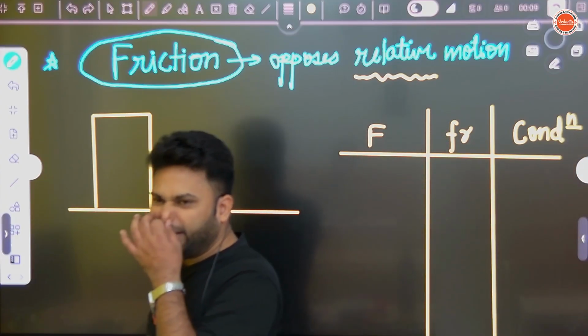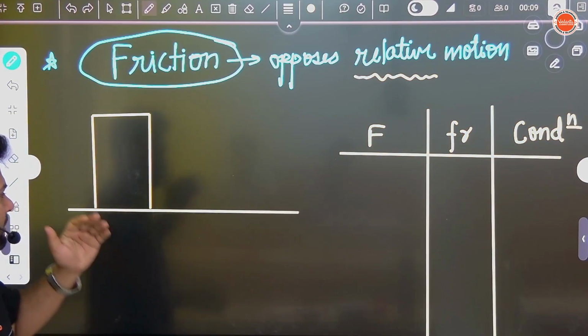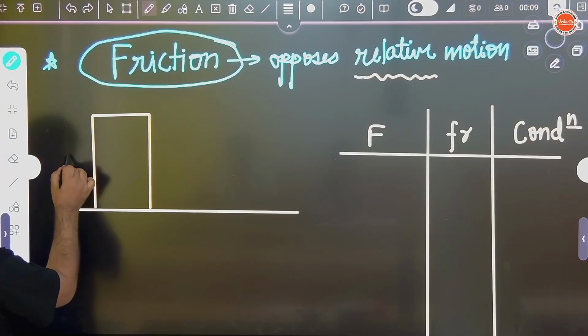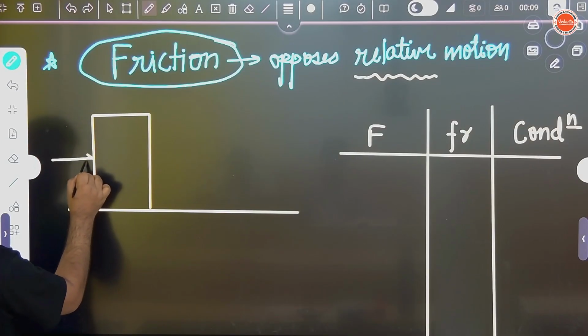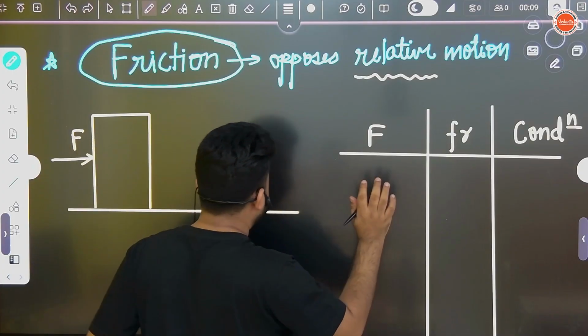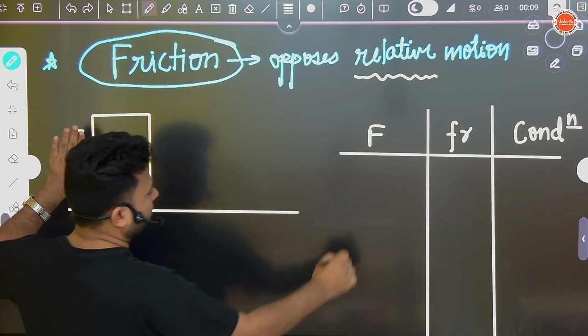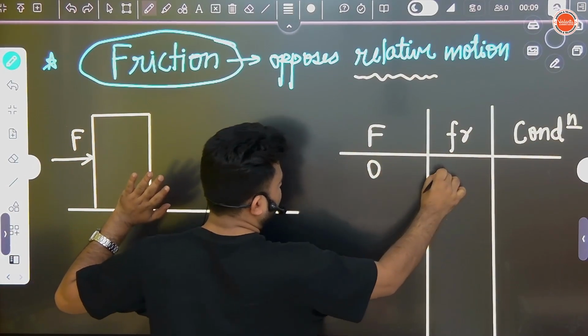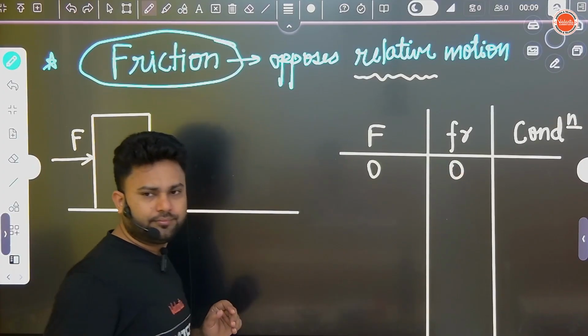So suppose this is a very heavy mass, some almirah kind of thing. Suppose you applied some force from here, you tried to push. Suppose, initially there is no force, friction also 0.